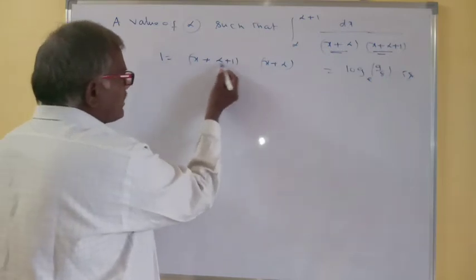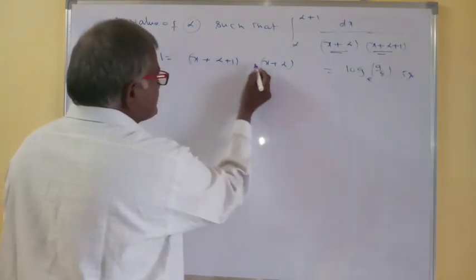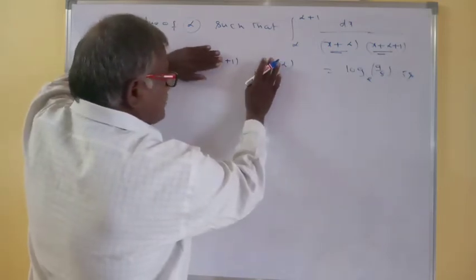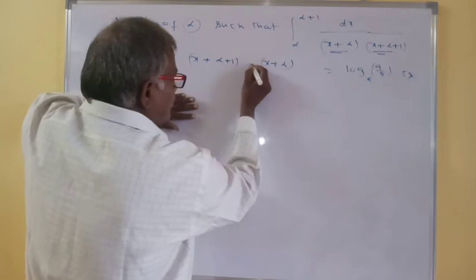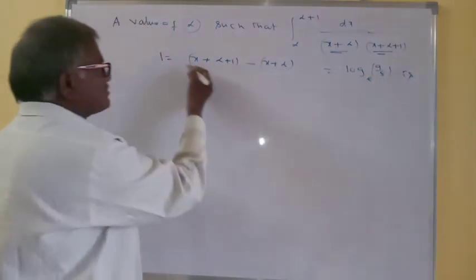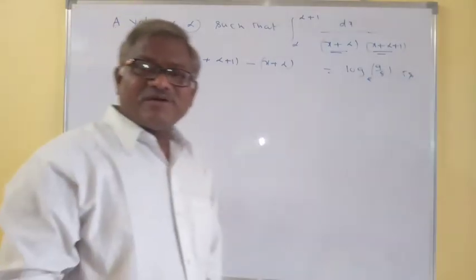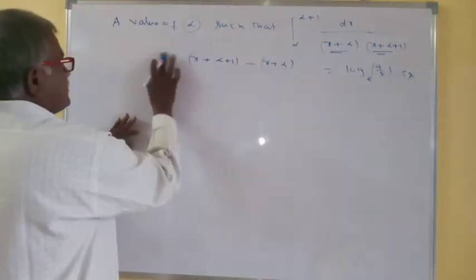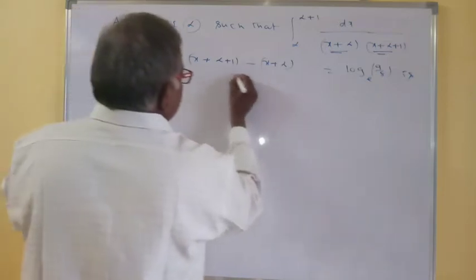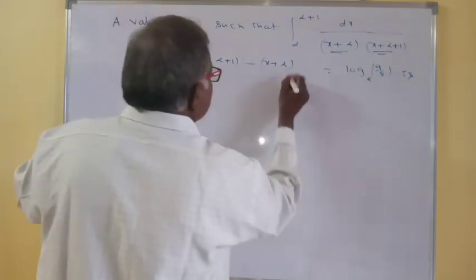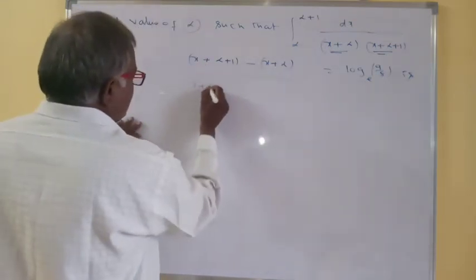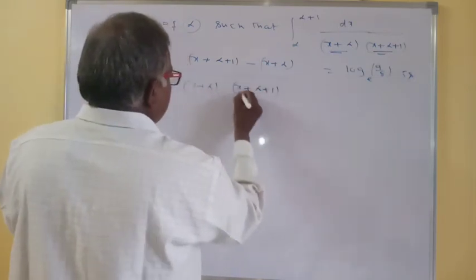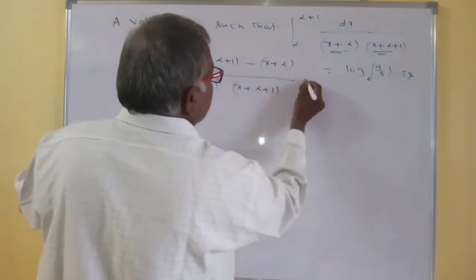So we write it so that x plus alpha gets cancelled when it is negative. So totally I can rewrite 1 with the help of the denominator: x plus alpha plus 1, dx.